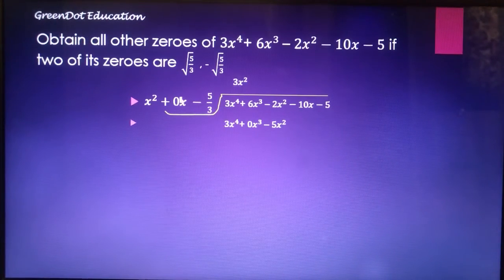Now 3x squared multiplied by 0x will give us 0x cube, and then multiplying 3x squared with 5 upon 3, here 3 and 3 cancel out, so we get minus 5x squared. Now to subtract this term from the dividend, we change the signs, and hence we obtain the difference, that is 3x raised to 4 minus 3x raised to 4. This term is cancelled out.